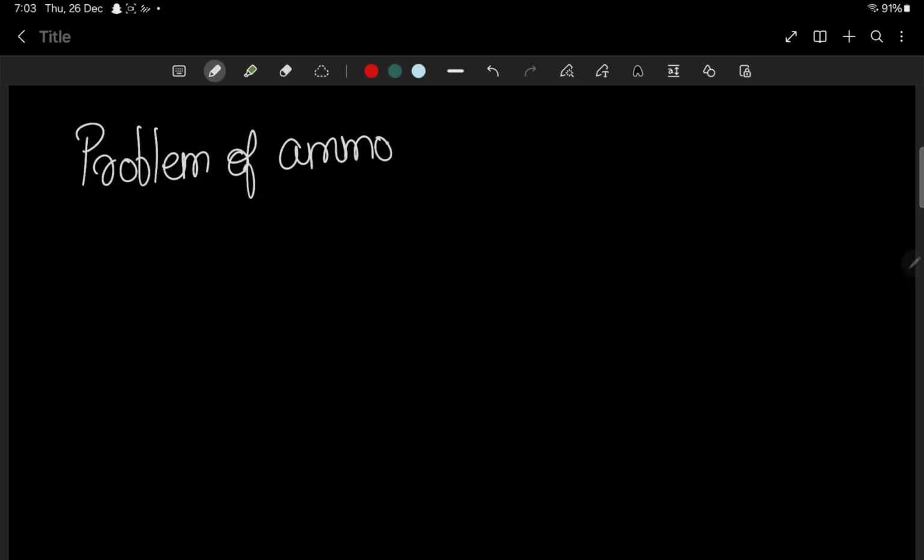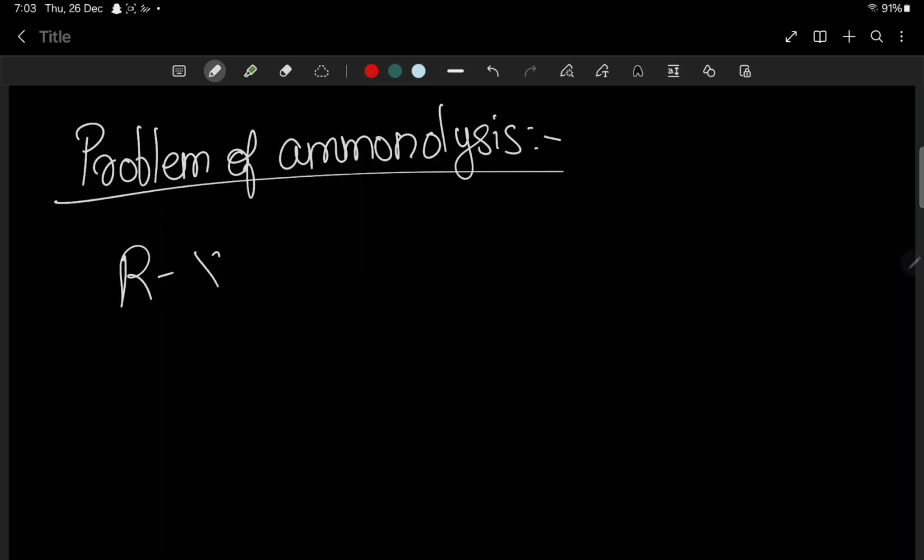Now this ammonolysis reaction has some problem. Look, the problem or disadvantage of ammonolysis. What is the problem of ammonolysis? The problem is that, look, first we got some RX and into that we added NH3.